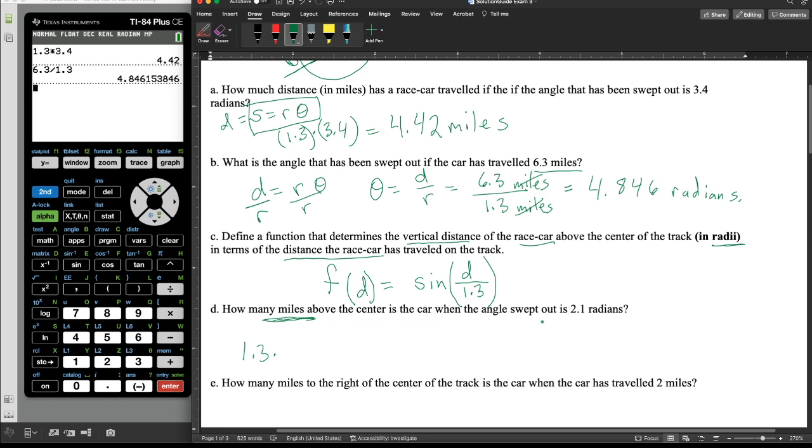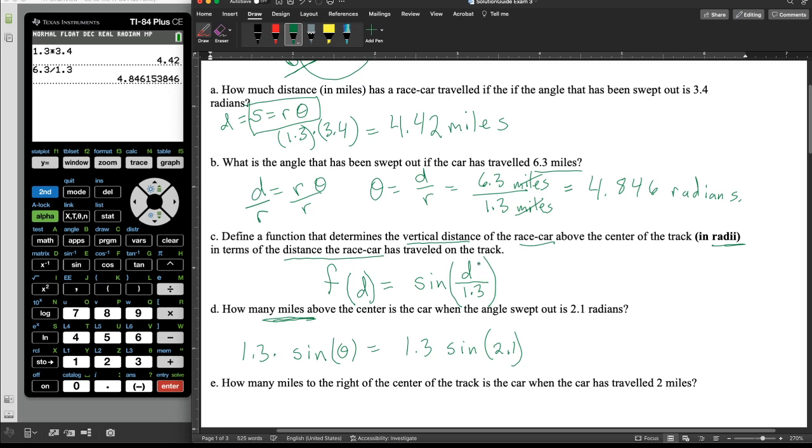Above the center, so that will be 1.3 times the sine of theta, right? Which is 1.3 times the sine of 2.1. So I don't have to do this thing. The distance divided by 1.3 is 2.1. That's what it's telling us.